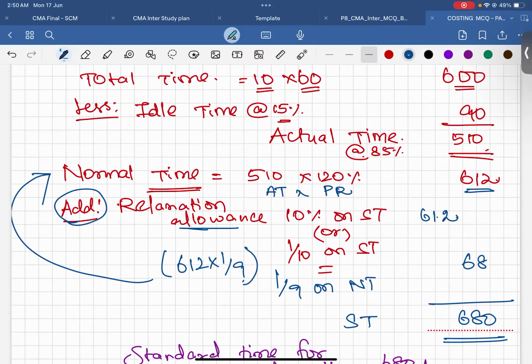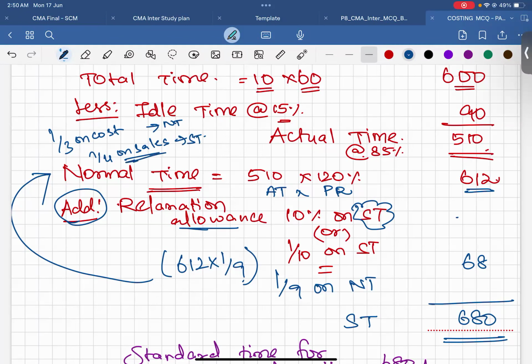Directly you can do, but instead they have given standard time, which you don't know. So what you can do, one thing, that is 1 by 3 on cost is equal to 1 by 4 on sale. The same concept is applicable over here. So they have given this, 10% of standard time.